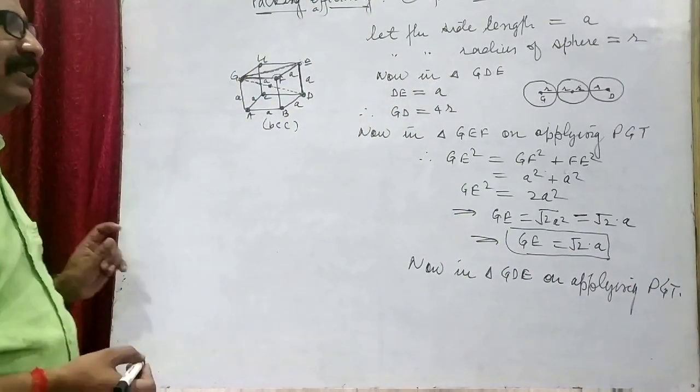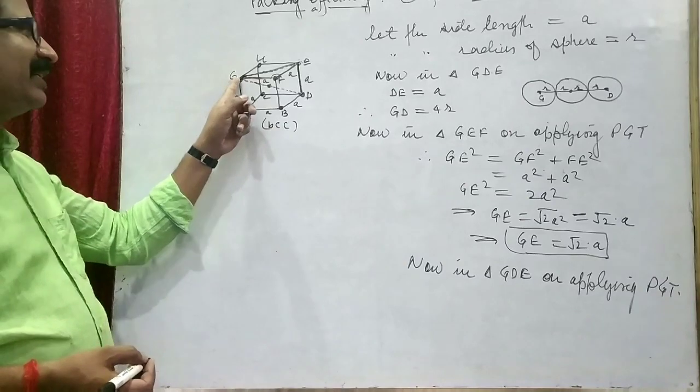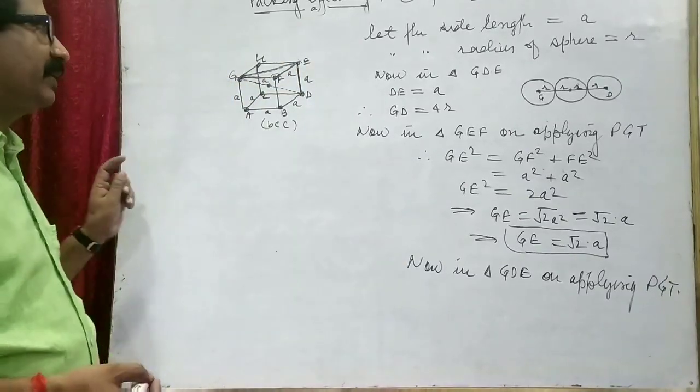PGT means Pythagoras theorem. So this is the hypotenuse, base, perpendicular.